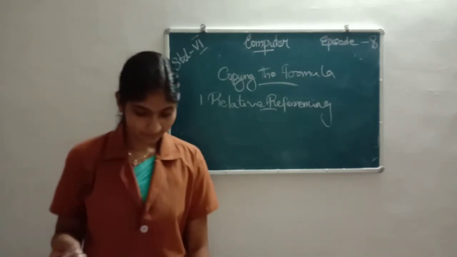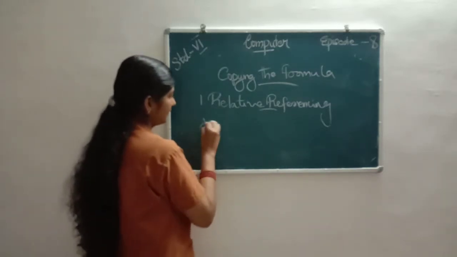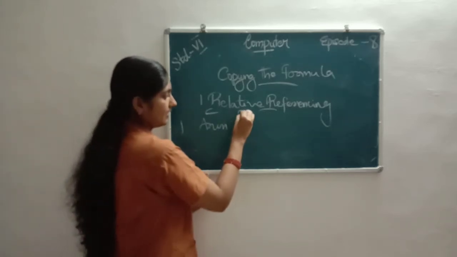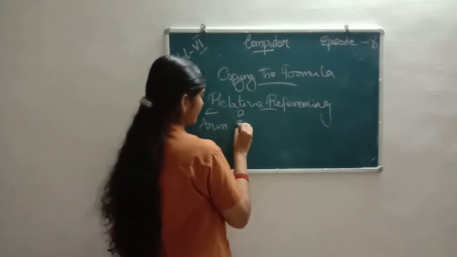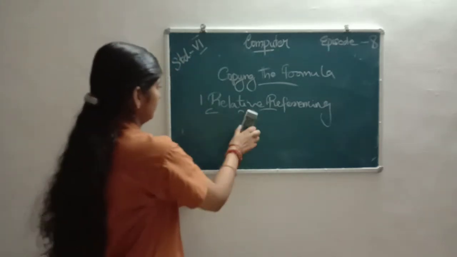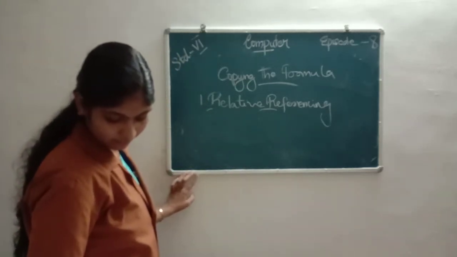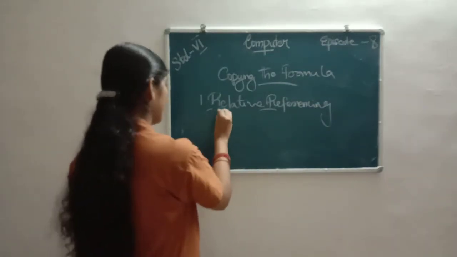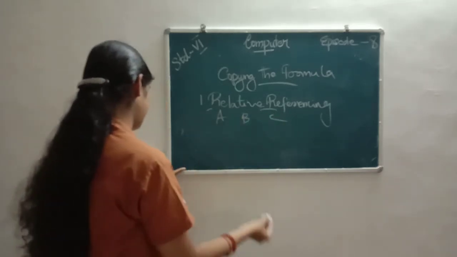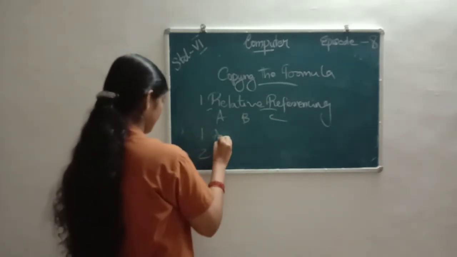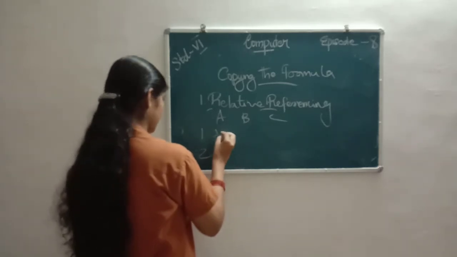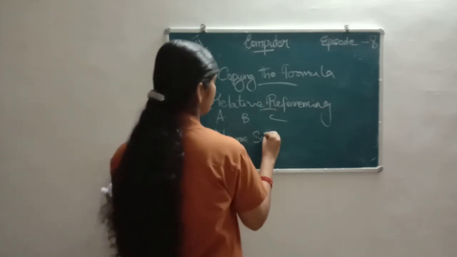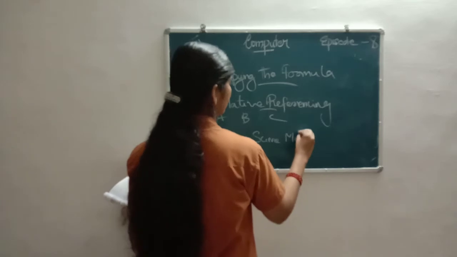For example, here we have a table with columns A, B, C, D, with name, science, maths, and total.